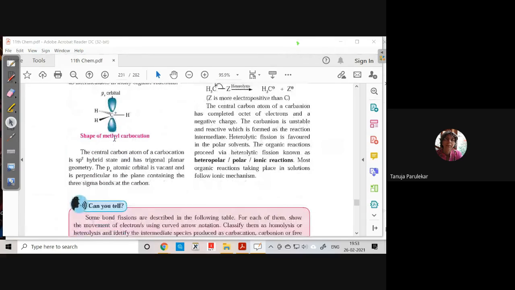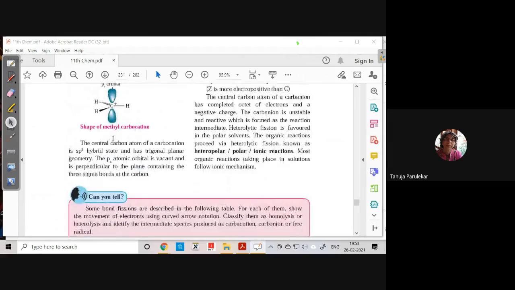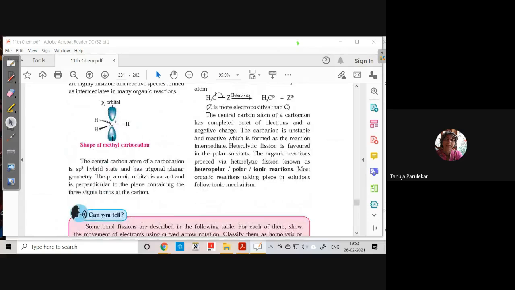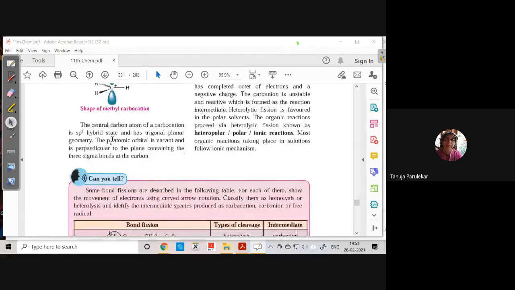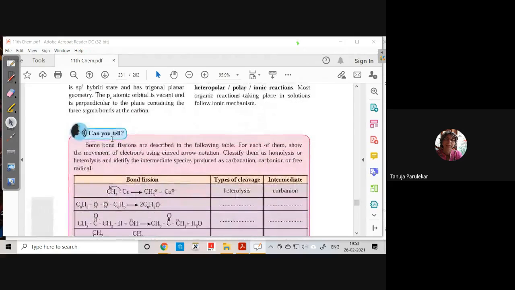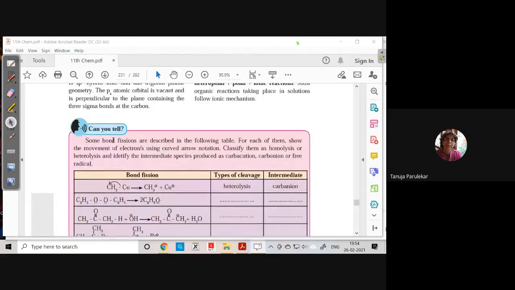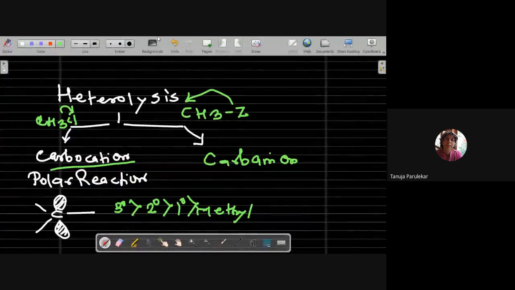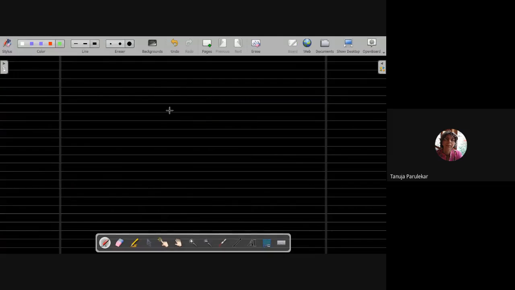Actually, the shape is sp3 hybridization. The shape of methyl carbocation is there. Methyl carbanion is not there. Anyways, if it is not there, I would still like to talk about the shape of that. Why is it given halfway? I don't understand.